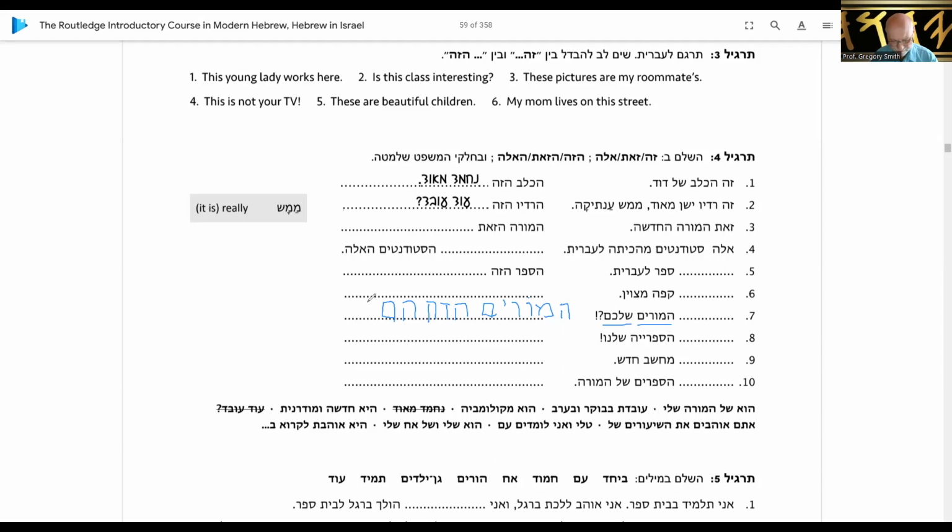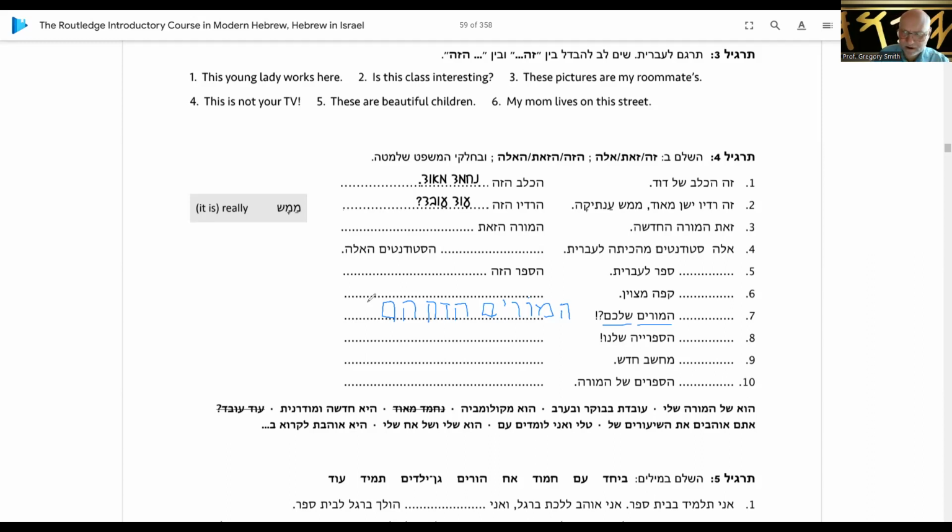Sa'ir, צעיר. Okay, there we go. Sa'ir. Hamorim hazeh hem sa'irim me'od. Try it again. Hamorim hazeh hem sa'irim me'od. There we go. I finally got it. Hamorim hazeh hem sa'irim me'od. These teachers are very young. המורים הזה הם צעירים מאוד.